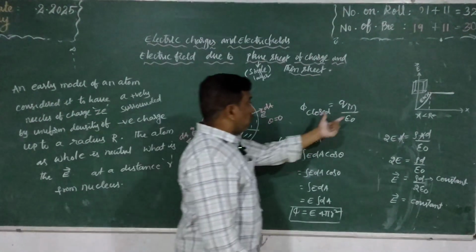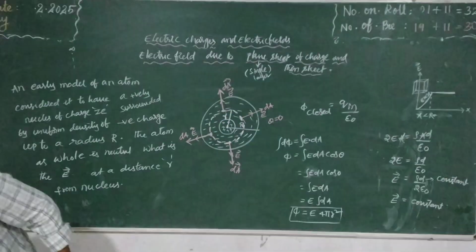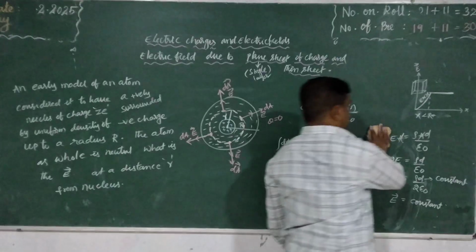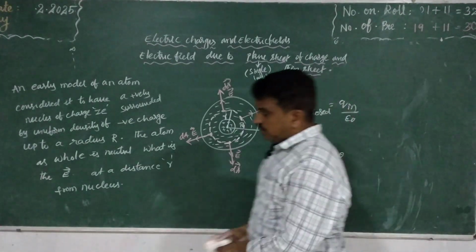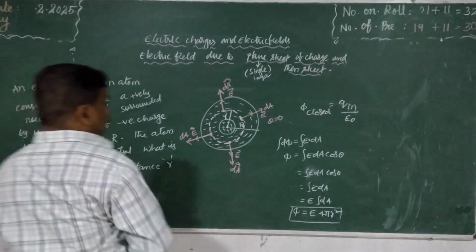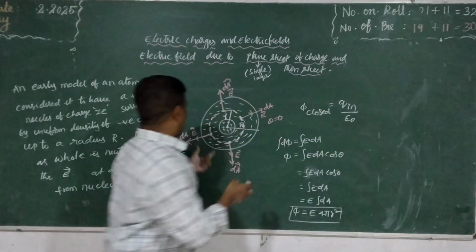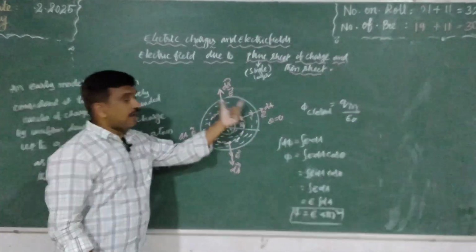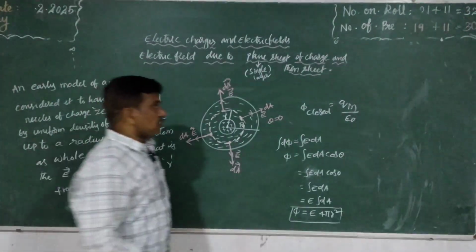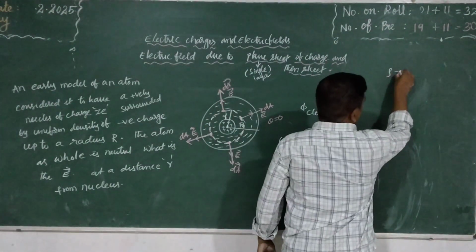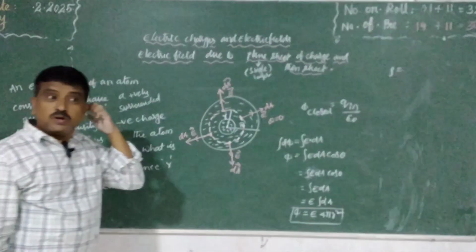In this one, what is the charge Q inside the Gaussian surface? That we find out. For the total atom, what is the charge? Rho is the charge density in this atom, the charge per unit volume.